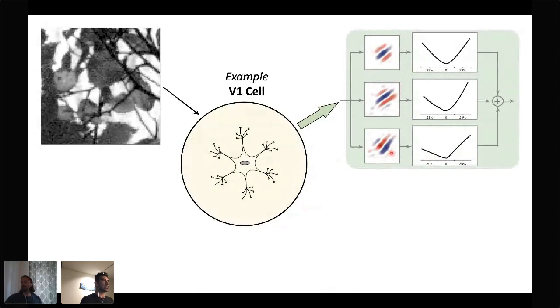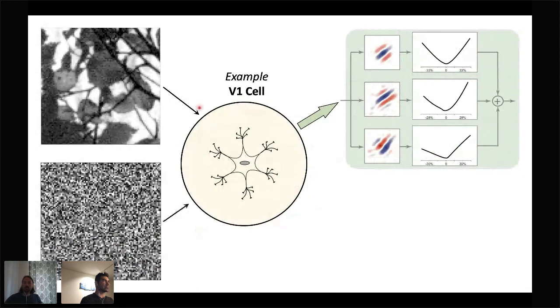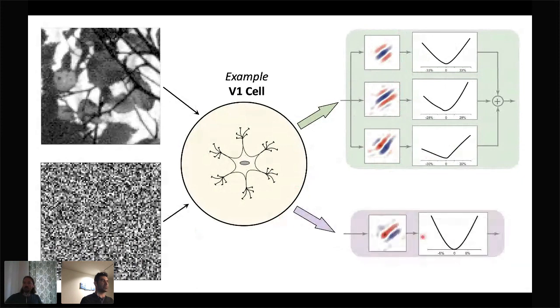But when we presented white Gaussian noise to the very same cell, its response was best described using this receptive field structure. The most obvious difference between these two structures is in terms of the number of spatial filters. There are more filters in the receptive field characterized using natural scenes, which makes the receptive field more complex, and it means the cell responds to a more complex set of features in the stimulus.